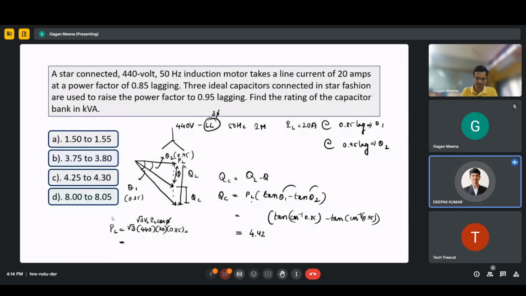Yes, sir, it is 12.955. Now calculate this. How much is this?